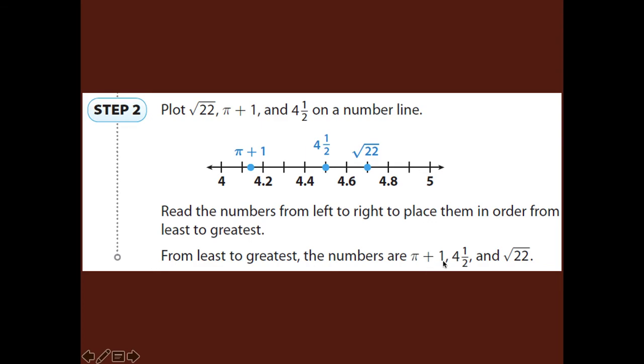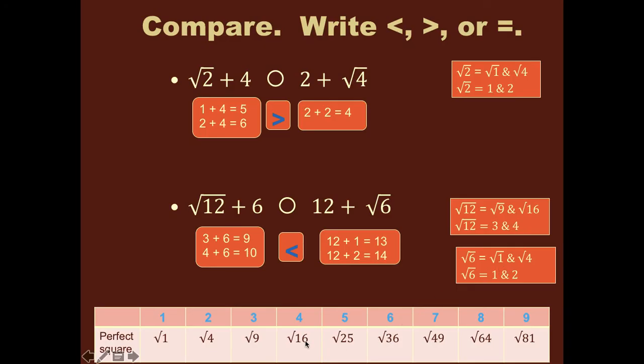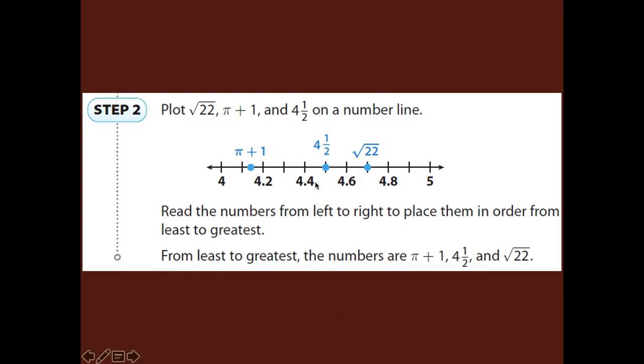Plus 1 will be 4.14. So it will be in between 4 and 4.2. Then 4 and a half will be 4.5. And then the square root of 22 will be in between the square root of 16 and the square root of 25. So it will be between 4 and 5. So let us take 4.7 approximately.